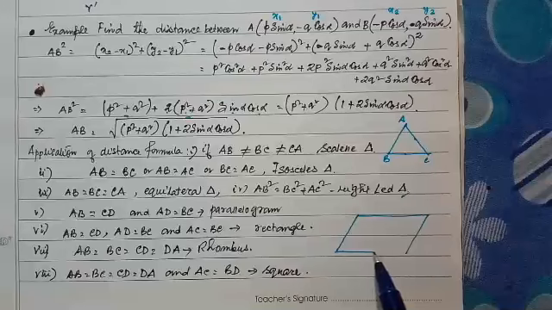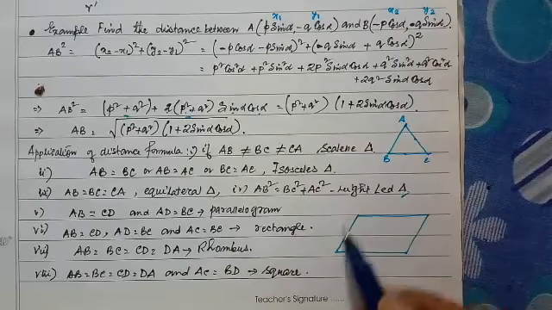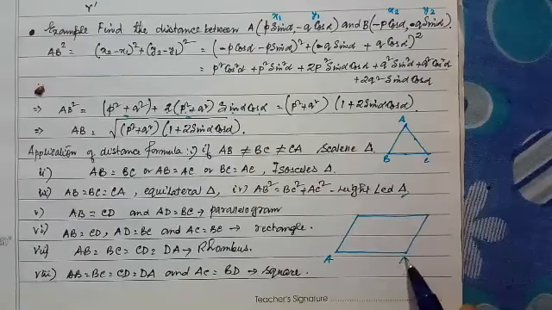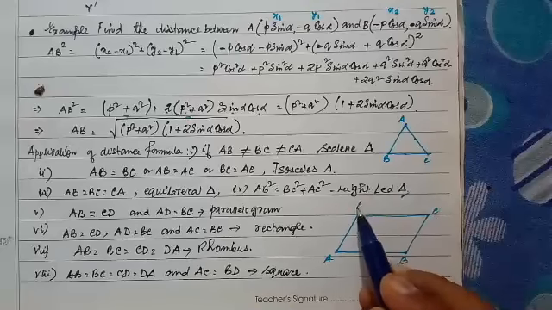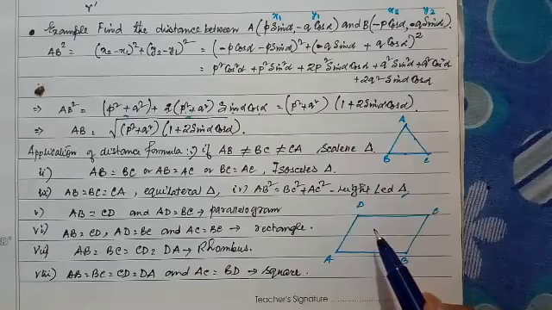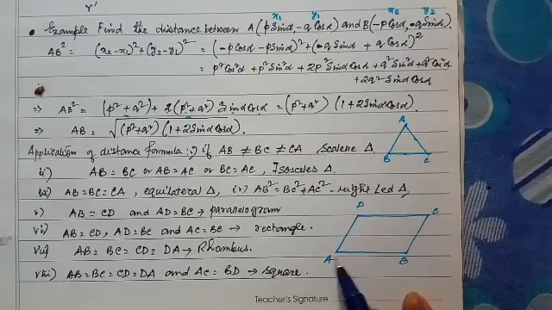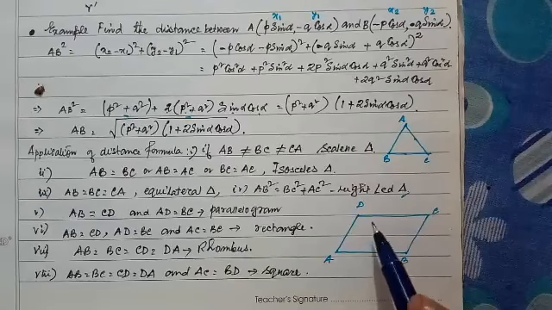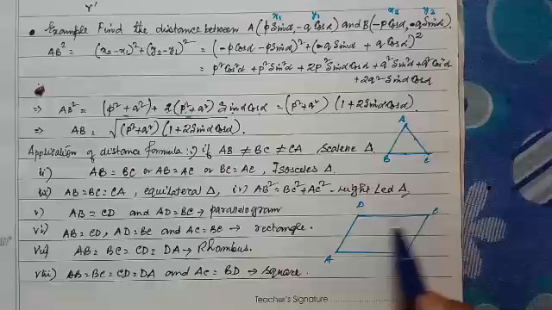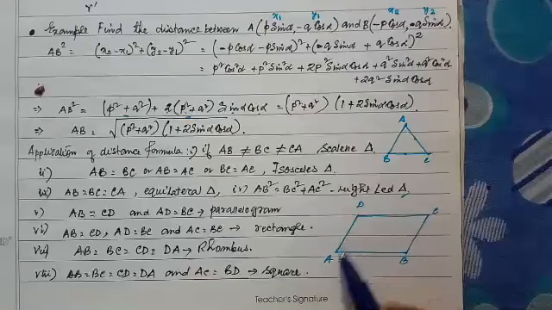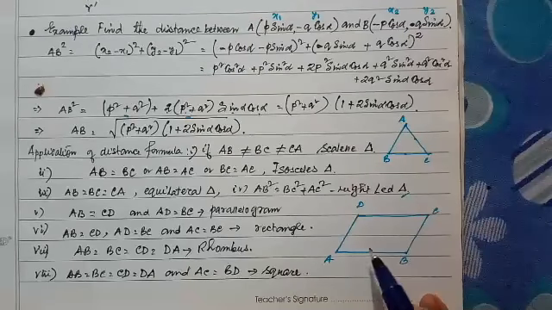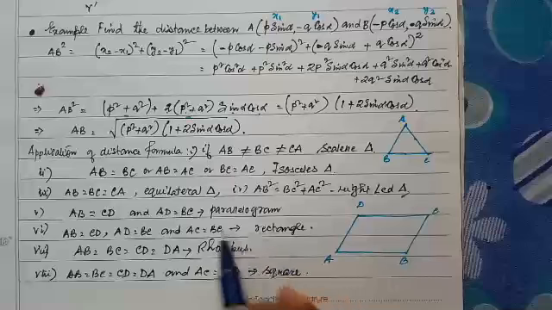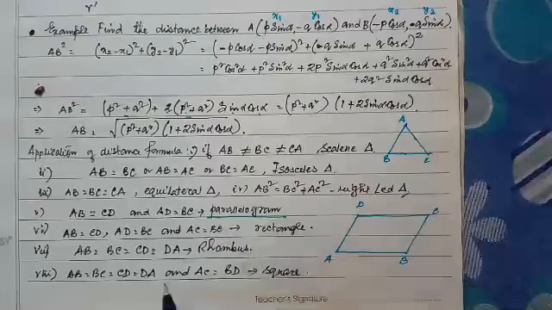What kind of quadrilateral we want to determine? Say this is ABCD. First, if it is that AB is equal to DC, that is CD, and AD is equal to BC, that is opposite sides are equal, then this is a parallelogram.